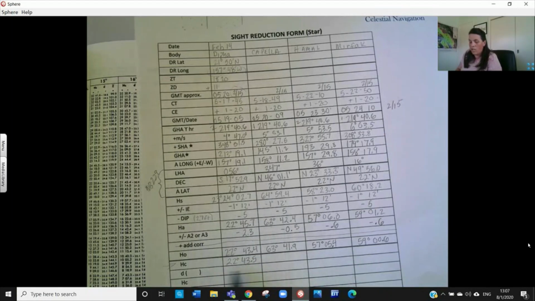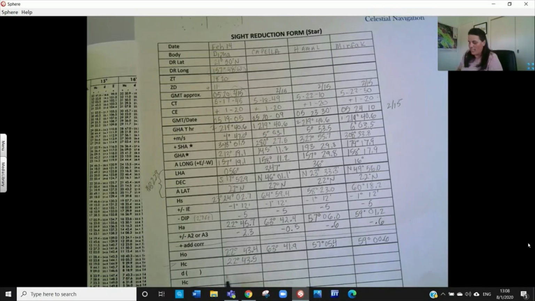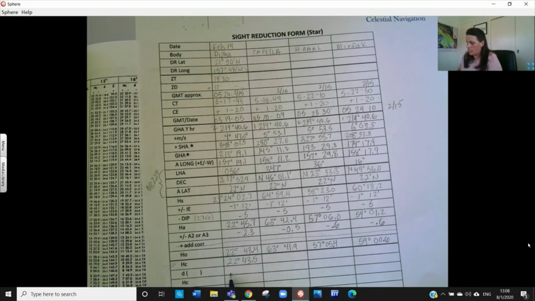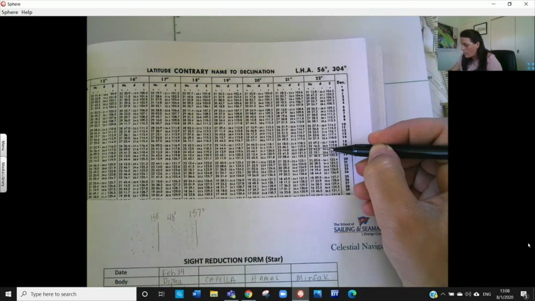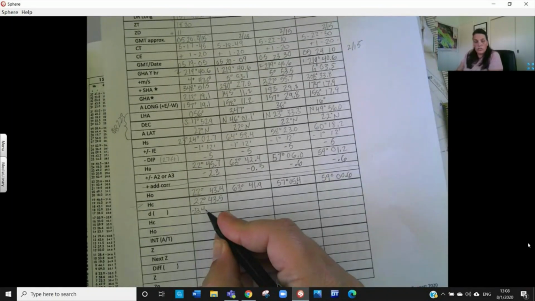Right off the bat, I know I'm in the right ballpark because I'm pretty close to that other HO that I did. But I still have to interpolate for declination. So I'm going to write in my little d. My little d here is minus 33.4, so I'm going to be subtracting 33.4, but I need to interpolate with that.